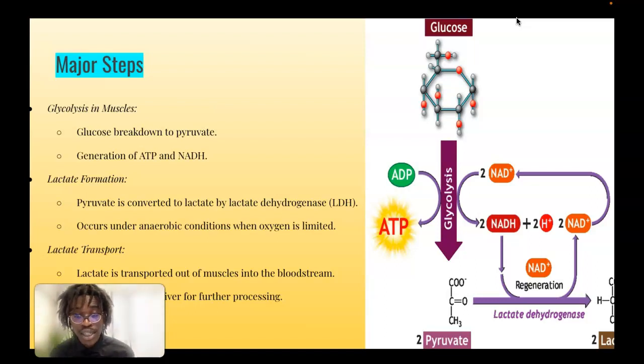And under normal conditions, when there's plenty of O2, that pyruvate will get turned into acetyl-CoA, go through the citric acid cycle, go through the electron transport chain, and we'll get all this ATP that way aerobically. But when it's anaerobic, when oxygen is scarce, these pyruvates get turned into lactate.